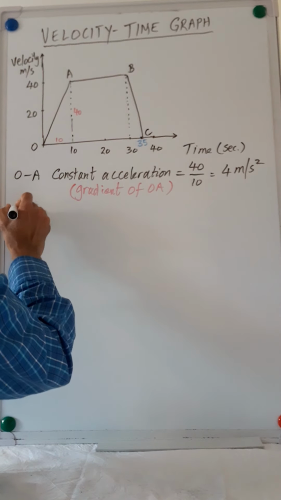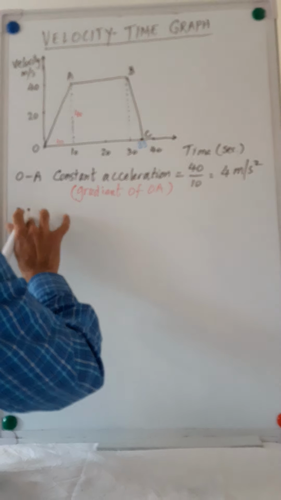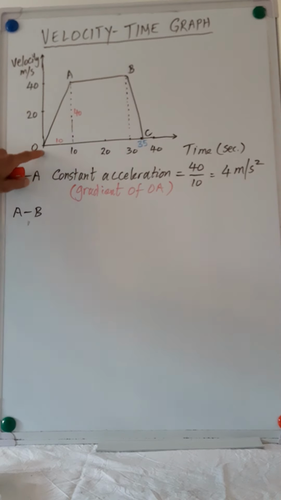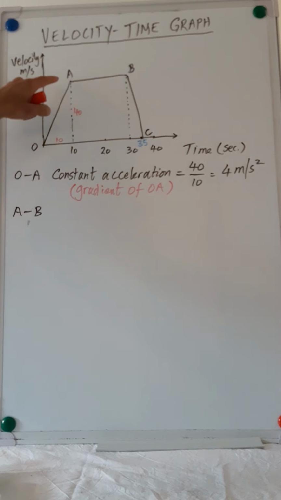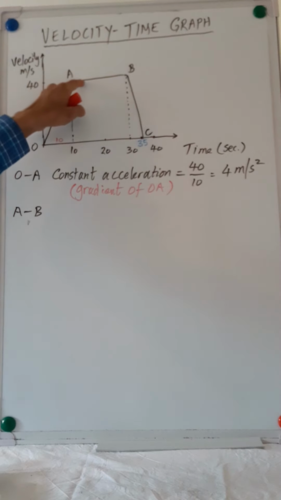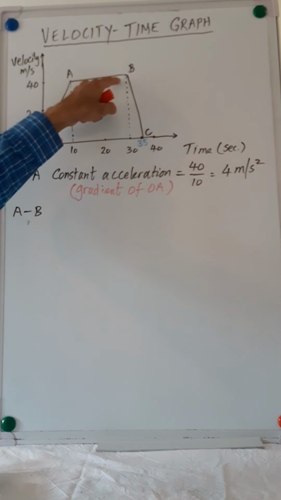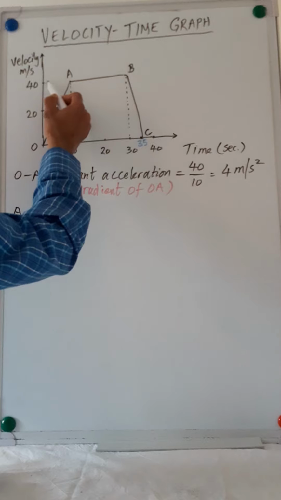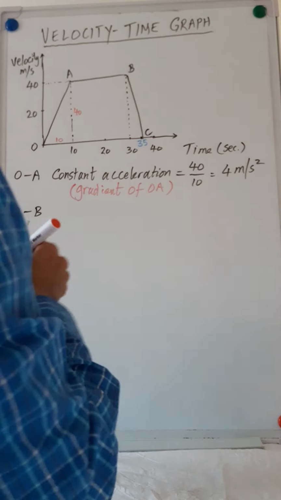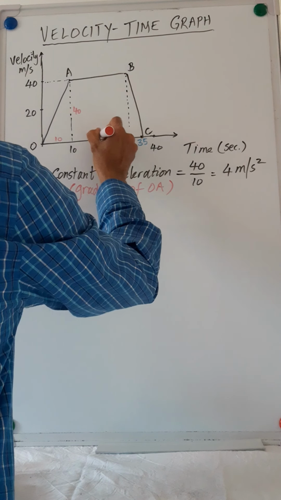Now from A to B, what's happening? The body accelerates from 0 to 40, it takes 10 seconds, and then after that the graph remains horizontal. Horizontal means it stays at this speed. It reaches a speed of 40 meters per second, and it stays there for the next 20 seconds, from 10 to 30.